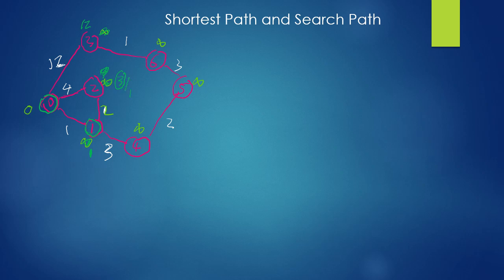Then update this one, infinity changes to 4, 4 through 1. So now we update it. One is 3, another one is 4, and choose the smallest to visit, and visit this.